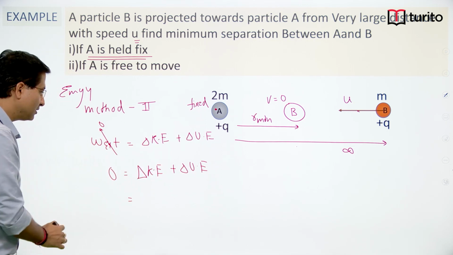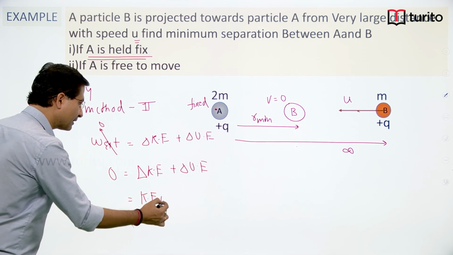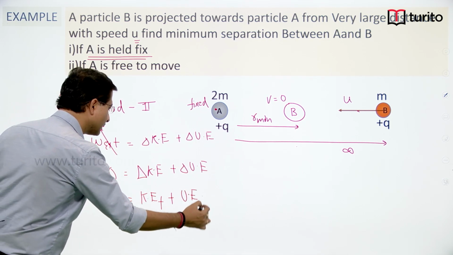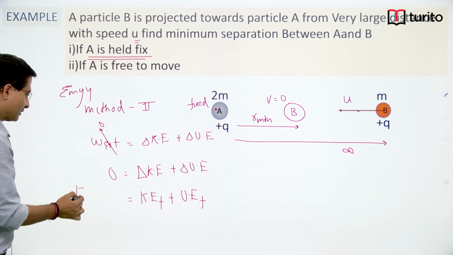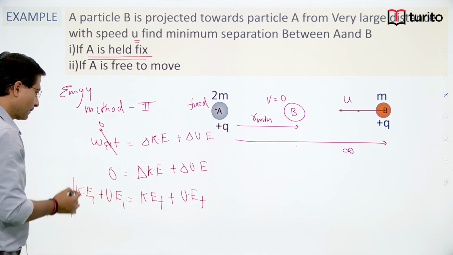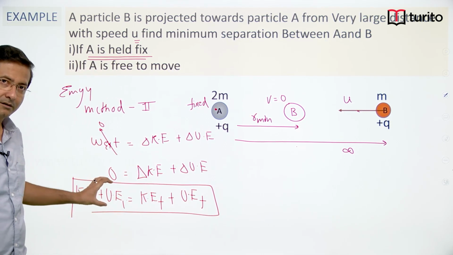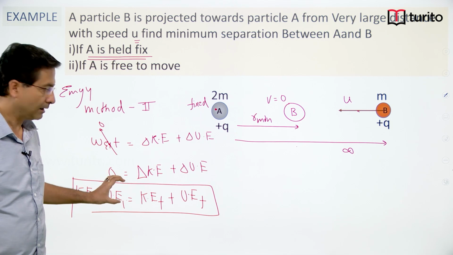I will get the final terms on this side and the initial terms on the other side: kinetic energy final plus potential energy final equals kinetic energy initial plus potential energy initial. I can use this format.